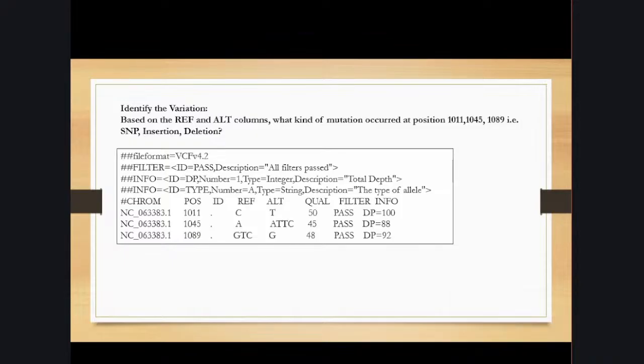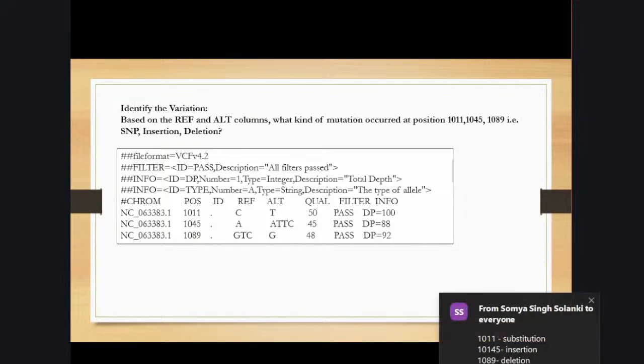Now you can see in the first row, at this position 1011, the reference nucleotide C has been changed to T. So it is a point mutation, SNP, or some people have written it as substitution.